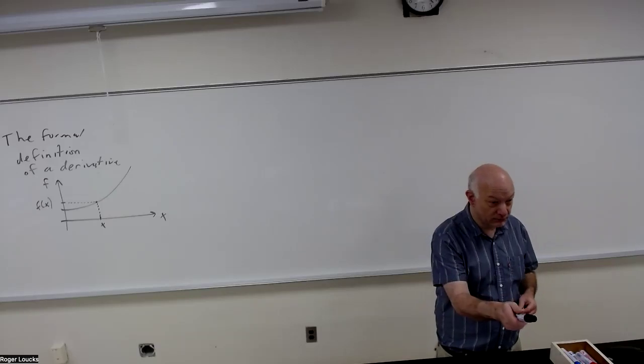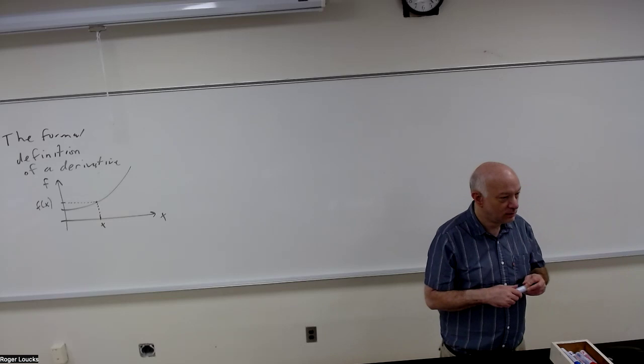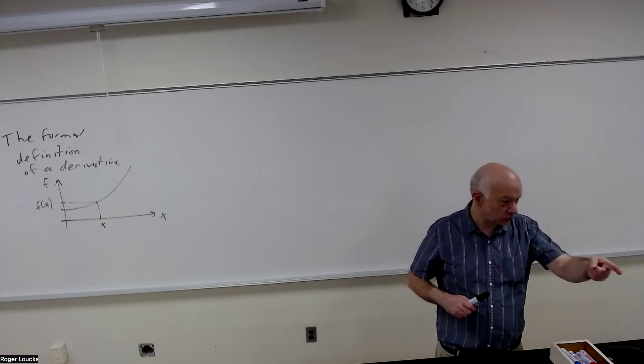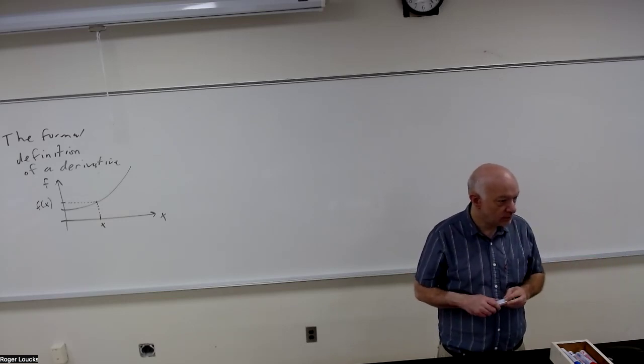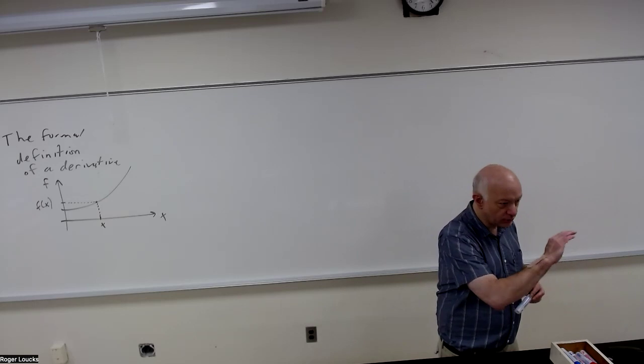And that's close. Okay, you're not going to call it h, you're going to call it delta x, but you're completely correct. Almost perfect. Just put a minus sign in there and you're going.